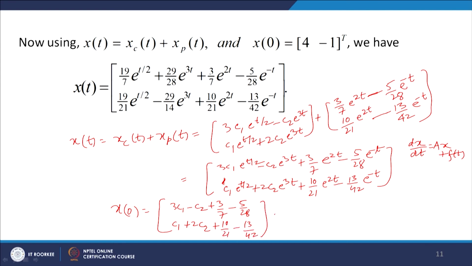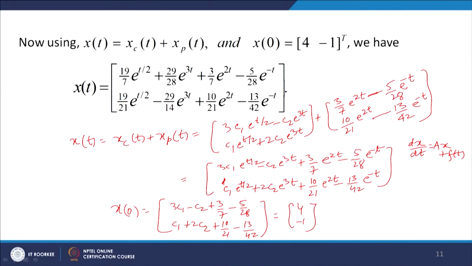This is equal to what we are given, 4 and minus 1. So this will give you two equations: 3c1 minus c2 plus 3/7 minus 5/28 equal to 4, and c1 plus 2c2 plus 10/21 minus 13/42 equal to minus 1. These are two linear equations in two unknowns c1 and c2.